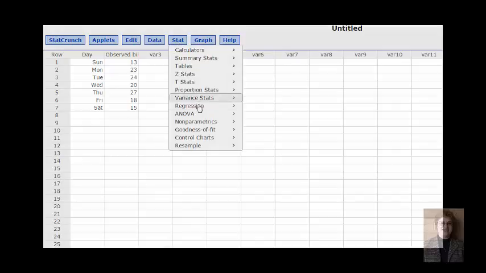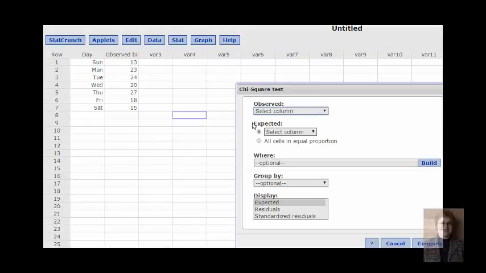Okay, so I put the data into StatCrunch, and I'm going to go Stat, Goodness of Fit, chi-squared test. My observed column is going to be observed births, and the expected column I don't have expected, so I'm going to do all cells in equal proportion.